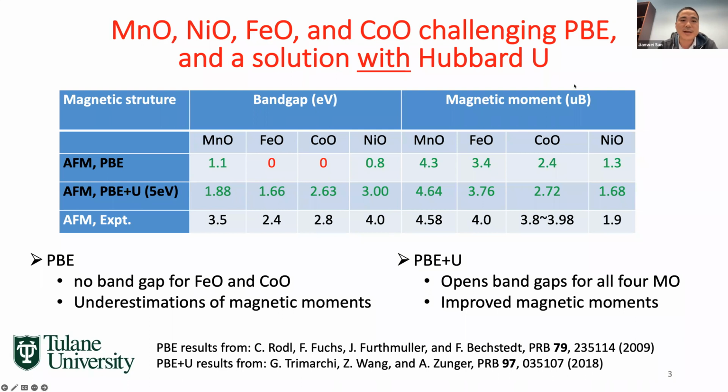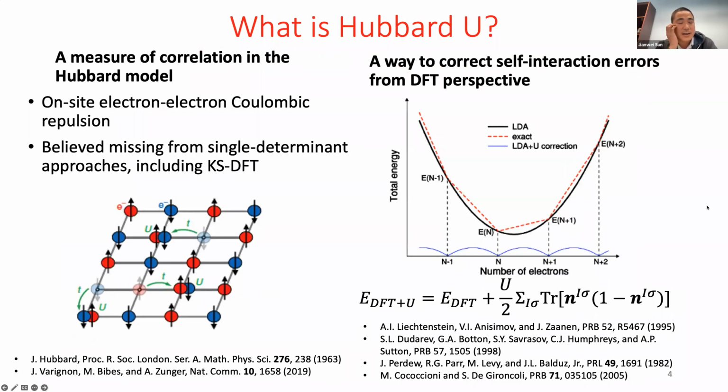Also, if you take a look at the magnetic moment, PBE significantly underestimates the magnetic moment of these transition metal monoxides, but when you add U, the magnetic moment is significantly improved.